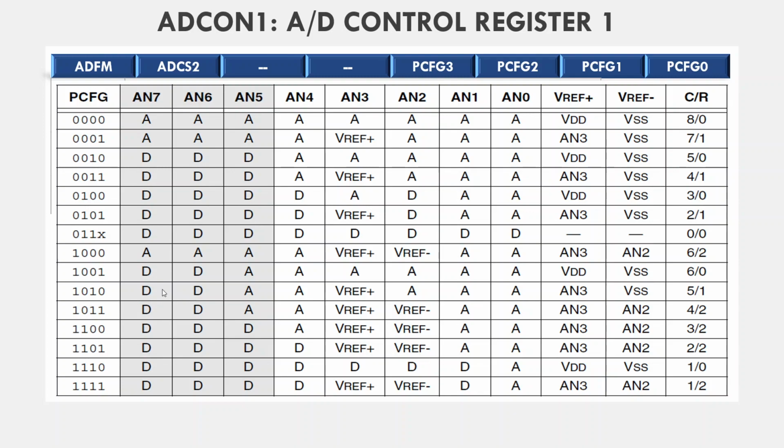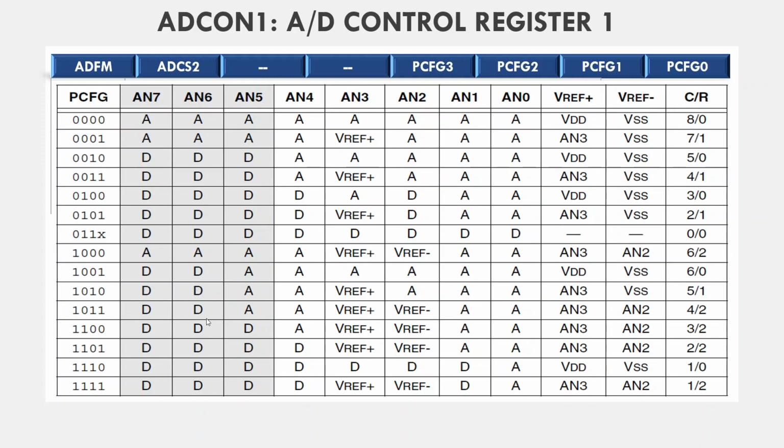In this case channels 7 and 6 become digital IO. Channels 5, 4 and 2, 1, 0 act as analog input, and channel number 3 acts as V reference plus. So the combination is 5/1.